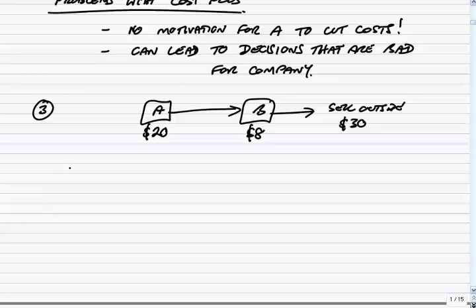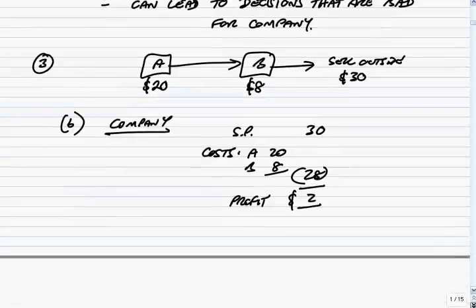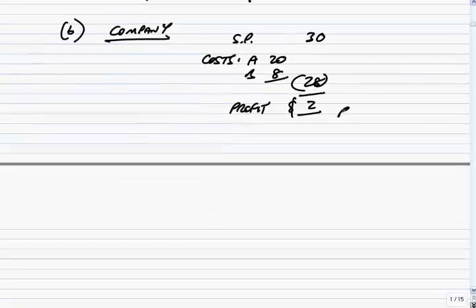Well, again, if I do the requirements in a slightly different order, B, as far as the company is concerned, selling price 30. The company has costs in the first division of 20 and the second of 8. This product generates a profit of $2 a unit for the company.